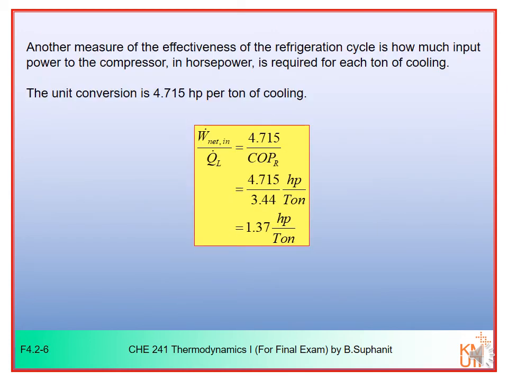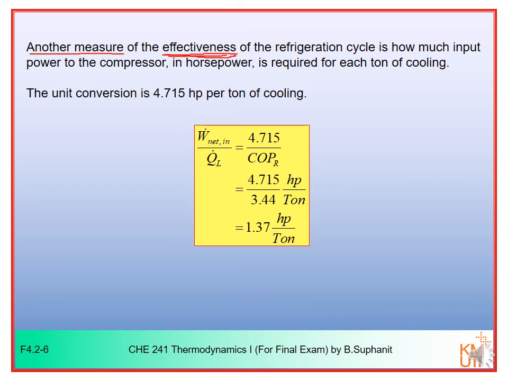Now we also have another measure of the effectiveness of the refrigeration cycle. Instead of using the COP, because COP is just a number without any unit, we might be wondering how good it is for any particular number. We don't know whether 3 is good enough or 4 is good enough.